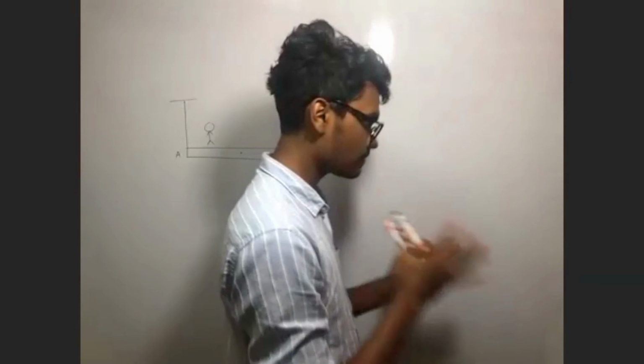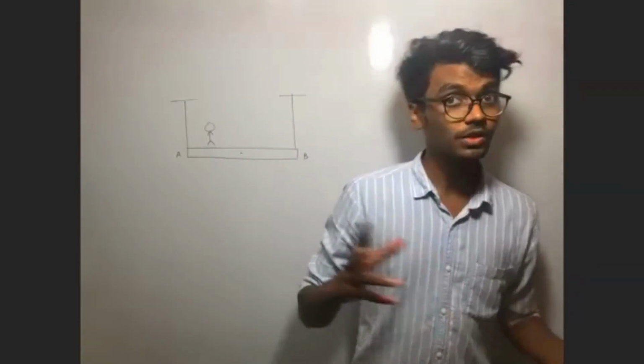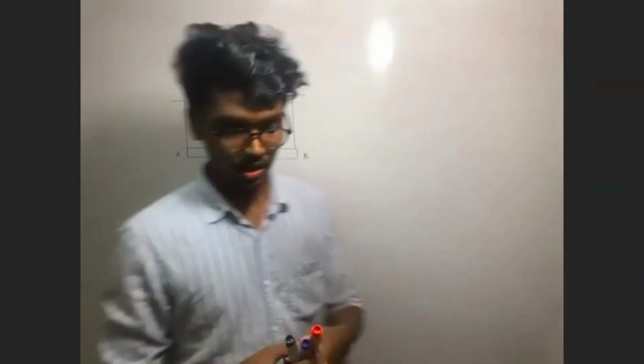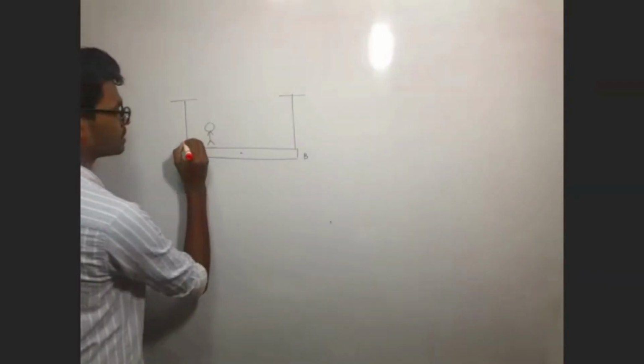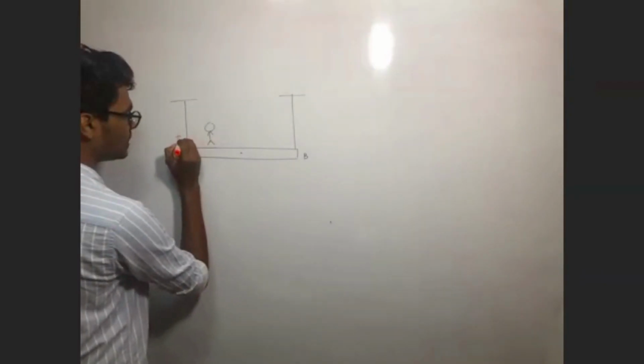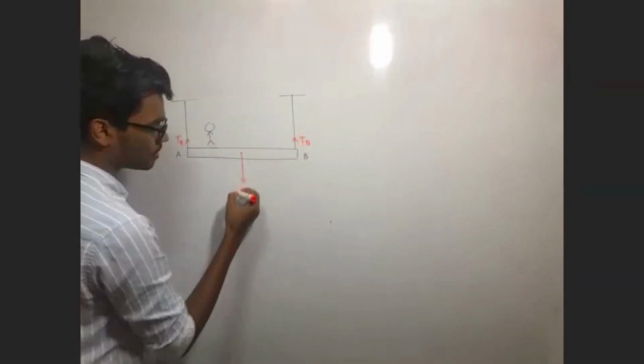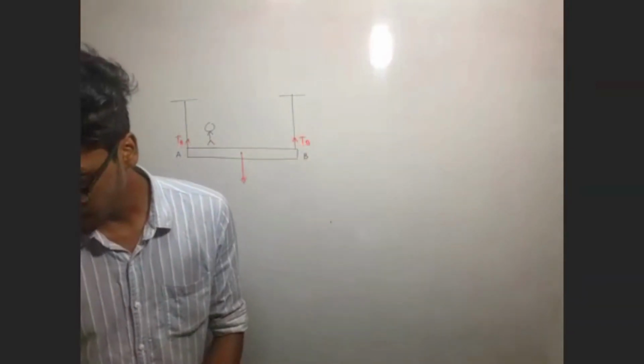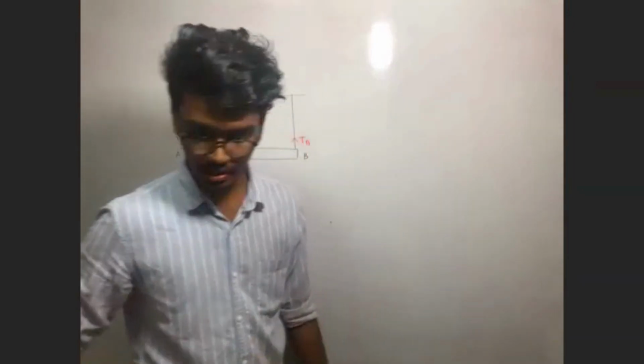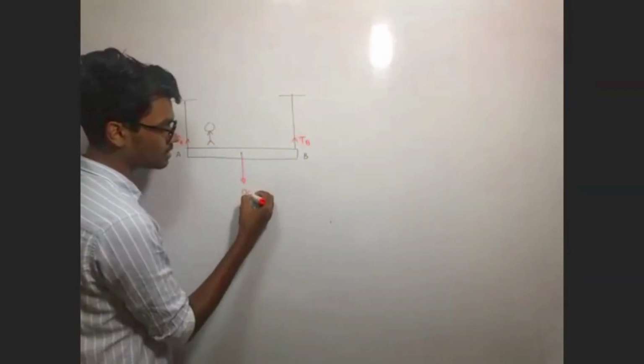So therefore, let us first of all mark all the possible forces acting on the system, right? So let's do that. It's going to be TA, TB. The total mass of the rafter is going to be 20 kg, which means 200 newtons.